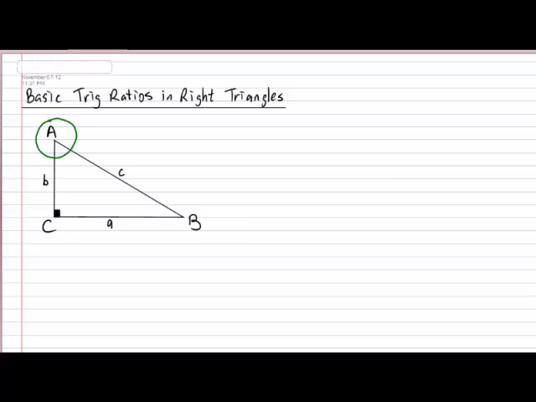The first trig ratio is called sine, and that is normally abbreviated as SIN. We say that the sine of angle A will equal the ratio formed by the length of the side that is opposite of angle A. We usually denote that using the word opposite, versus the hypotenuse.